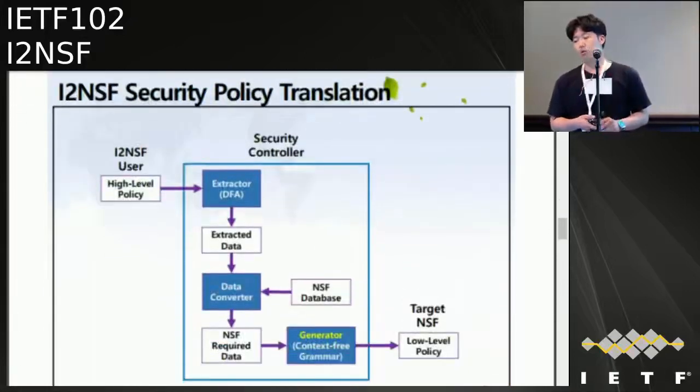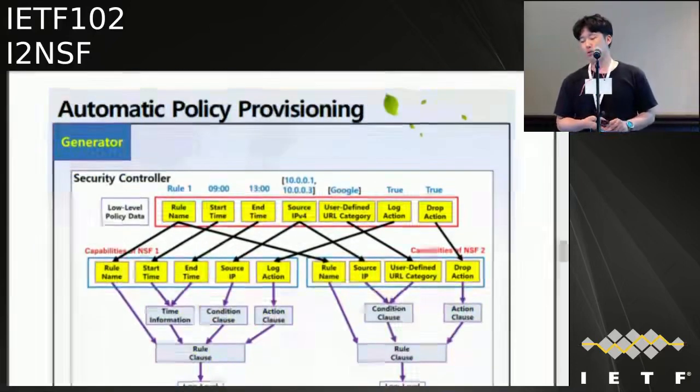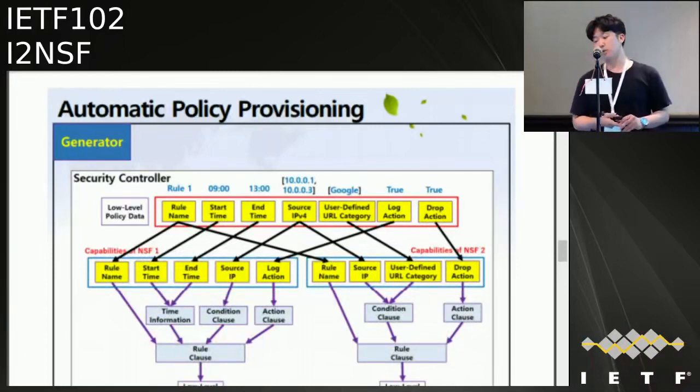And this is the step of security policy translation. First, extract the data from the high-level policy using the extractor, a deterministic finite automaton, and convert the data into NSF required data. And then make the low-level policy using the context-free grammar. The top of the tree is the NSF required data, matching the capabilities using context-free grammar.